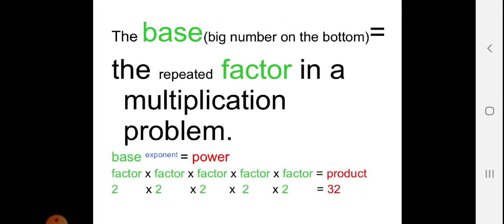The base is the bigger number on the bottom, the repeated factor in the multiplication problem. When you have 2 multiplied 5 times, that is 2 into 2 into 2 into 2 into 2, your base is 2 and the power is 5. The result, or the answer that you get, is 32.